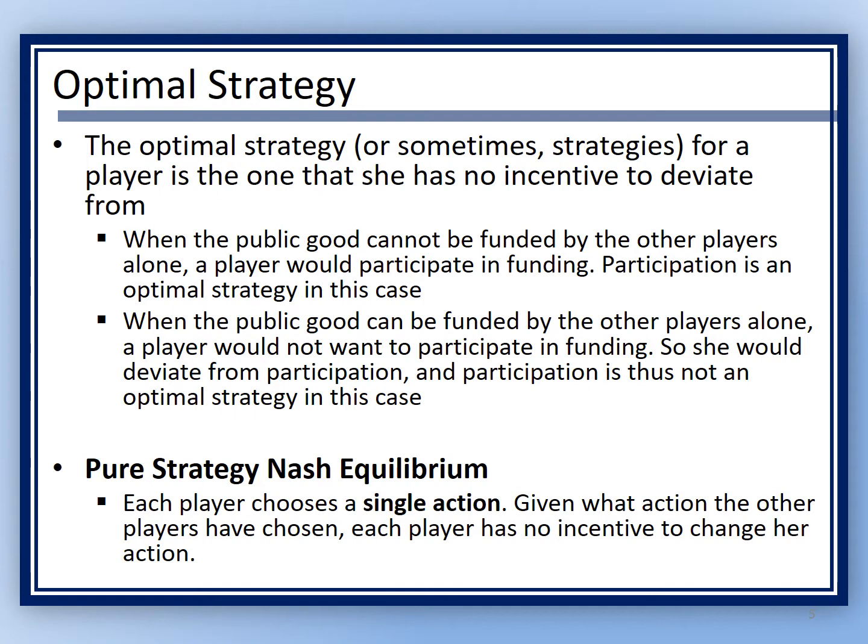So what does that mean? That means, given what I do, you don't want to change what you're doing. Given what you do, I don't want to change what I'm doing. So you do what you do, I do what I do, neither of us wants to change. That's a Nash equilibrium, right?